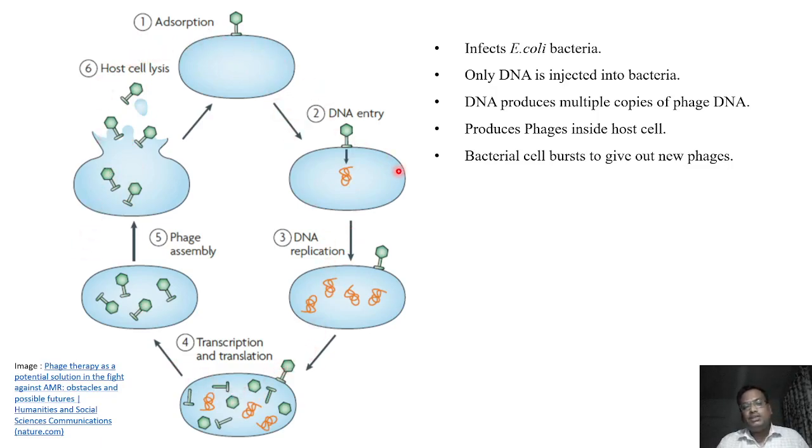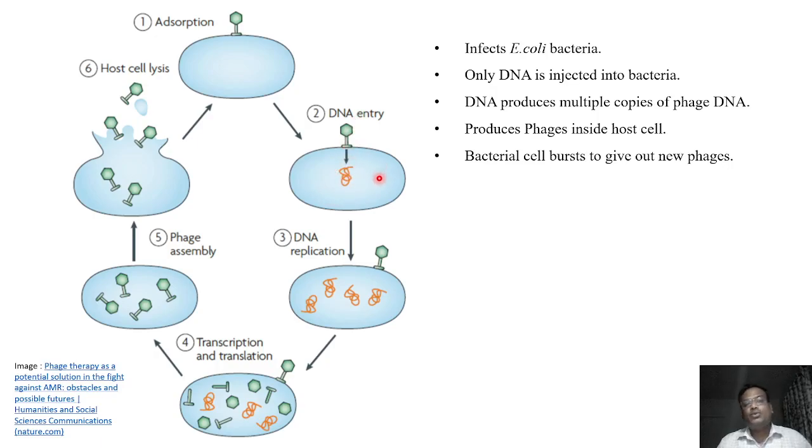So in genetic engineering, in recombinant DNA technology, this property, the ability of the phage to transfer DNA into the bacterial cell, is important for us because our aim is to insert the foreign DNA into the bacteria. So this phage is capable of delivering DNA into the bacterial cell.